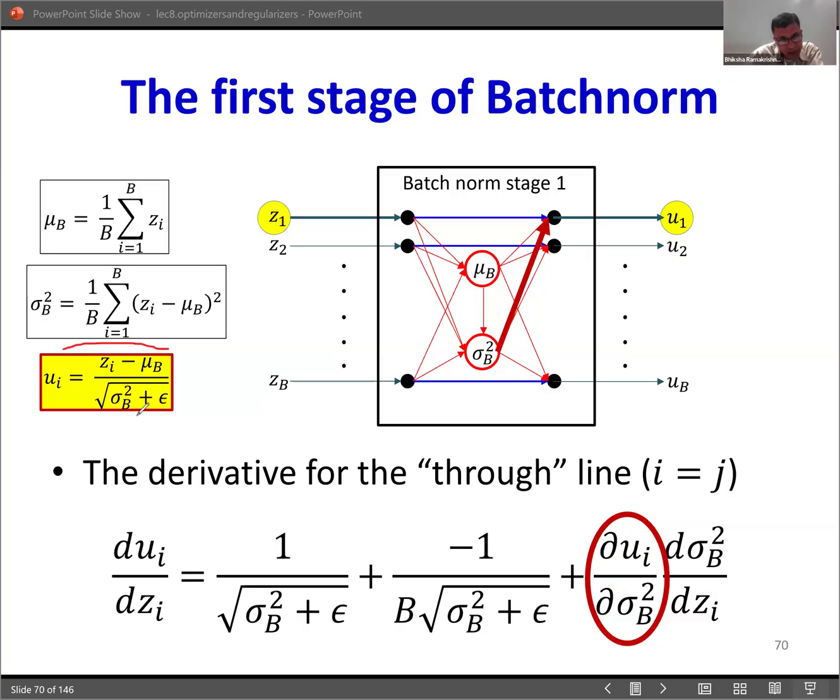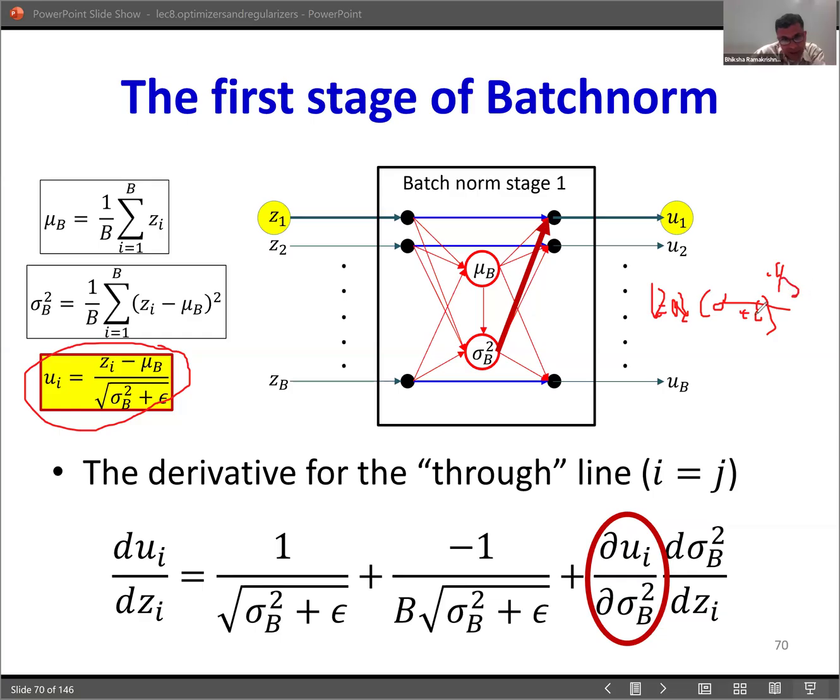That's going to come from this formula, right? If I think of sigma squared as the variable, it's (sigma squared plus epsilon) raised to minus half. So what is the derivative of u with respect to sigma squared? Standard calculus. There's going to be z minus mu times (sigma squared plus epsilon) raised to minus half.